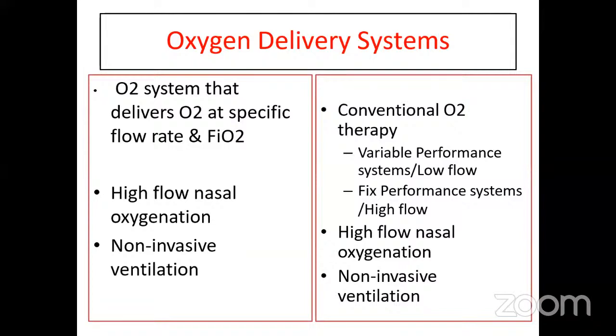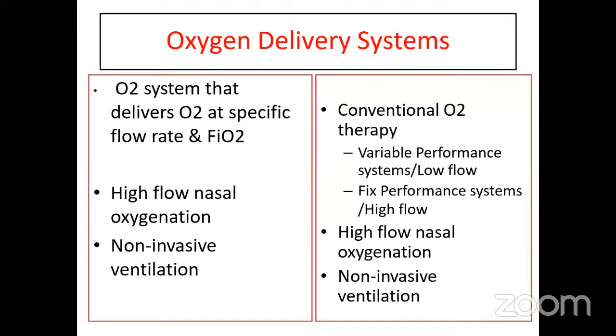So we were here then. We saw in brief about oxygen delivery systems. Now, oxygen systems that deliver oxygen at specific flow rates and FiO2 are fixed ones. Then there are high flow nasal oxygenation systems and non-invasive ventilation systems. These are the 3 main types of instruments we have.